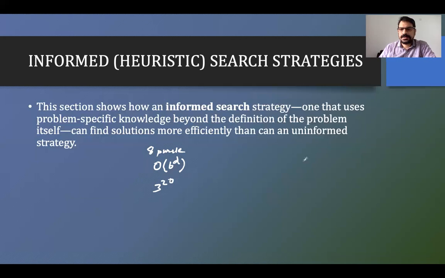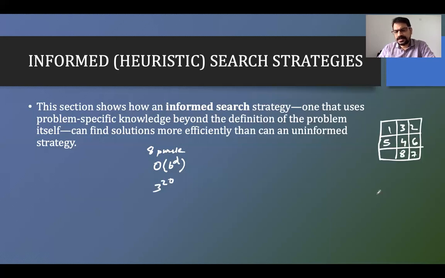So what is the 8 puzzle problem? You might have seen that. We have different tiles, and these tiles may or may not be in their positions. What is our objective? Our objective is to find the correct solution.